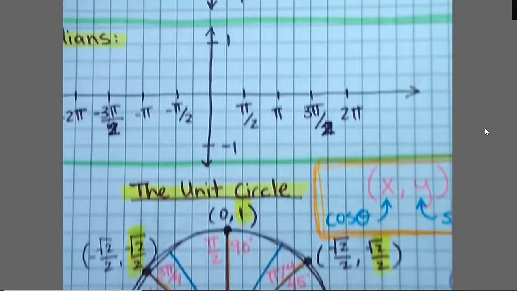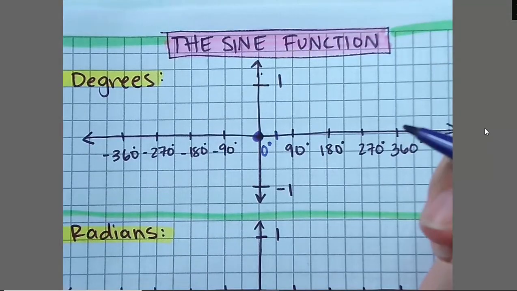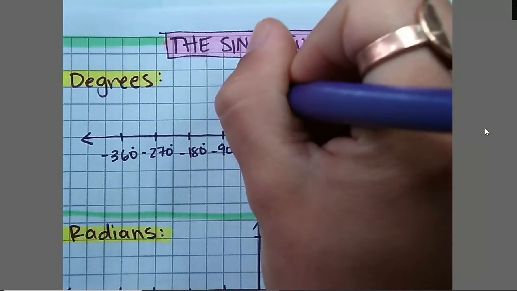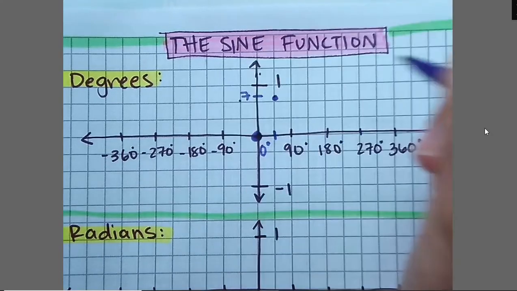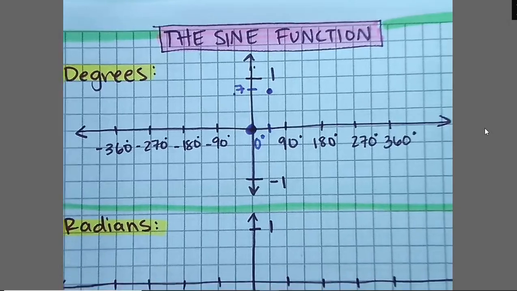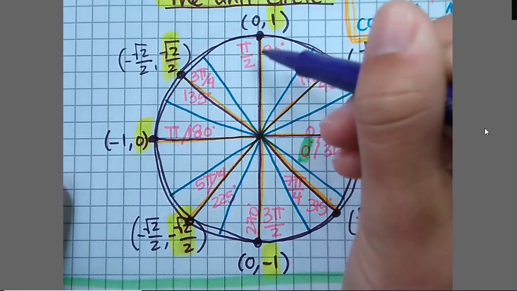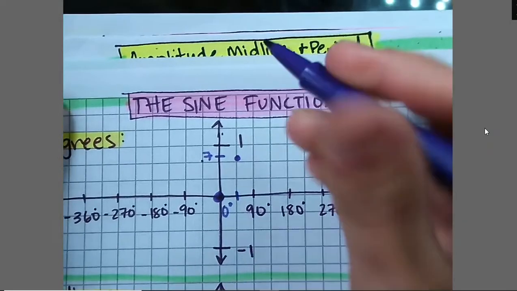So here's 45 degrees, and we're at 0.7, which let's say is about right here. Then at 90 degrees, right here, it's going to be at 1.